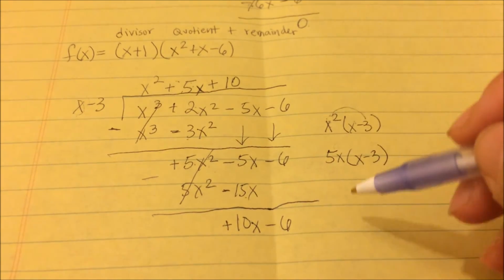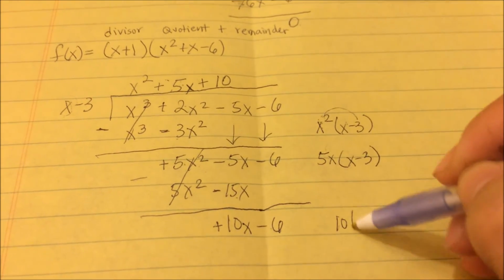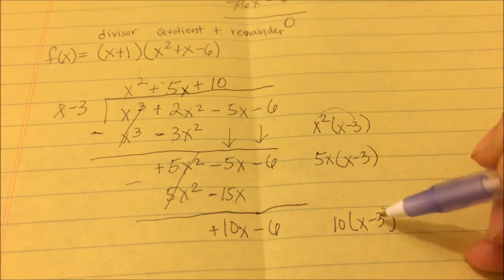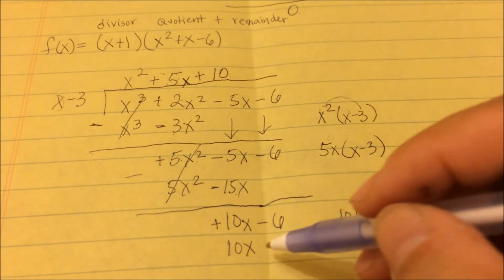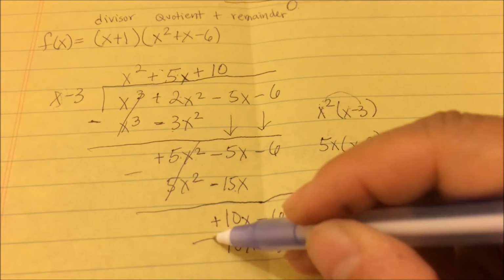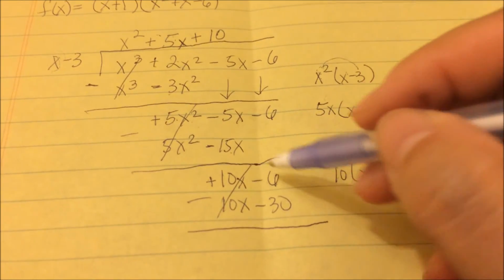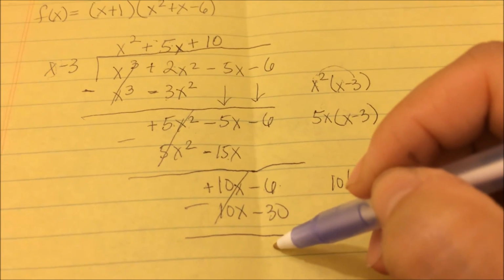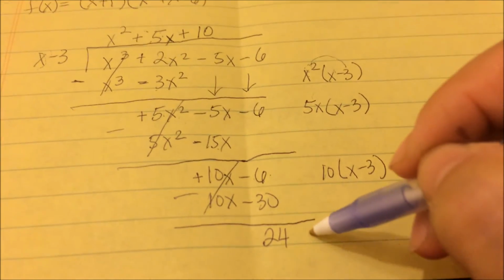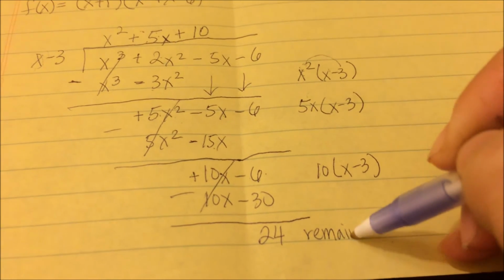So 10 times x will give us 10x. So this is 10 up here, x minus 3 again. So if I distribute that, it becomes 10x. And 10 times negative 3 is negative 30. So minus, this cancels out. So it's negative 6 minus a minus, so it's positive. So the remainder is 24. So this is the remainder.